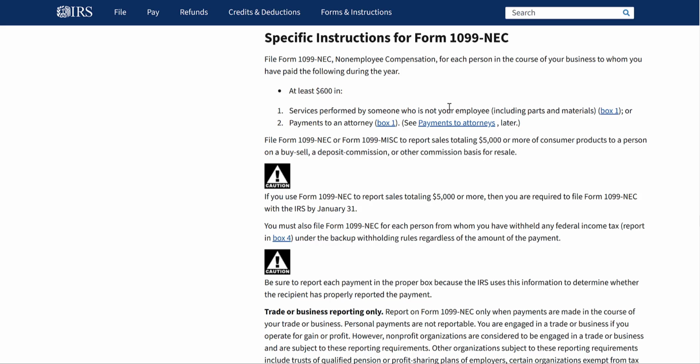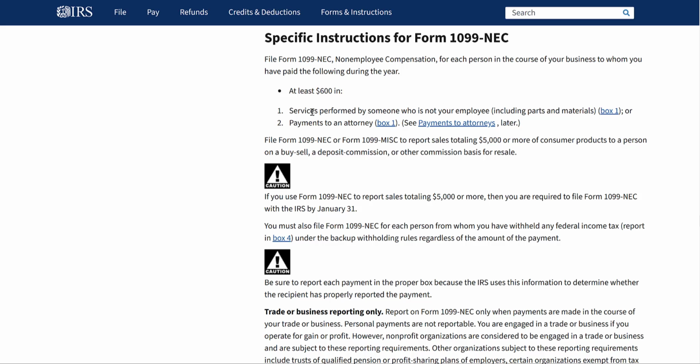And then you withhold federal income tax and remit that to the IRS. 1099 workers are technically not employees, so there's a huge issue with employee misclassification. I'm not going to get into that with this particular video. That's a whole separate video in and of itself. Just keep in mind that 1099 employees are not a thing.